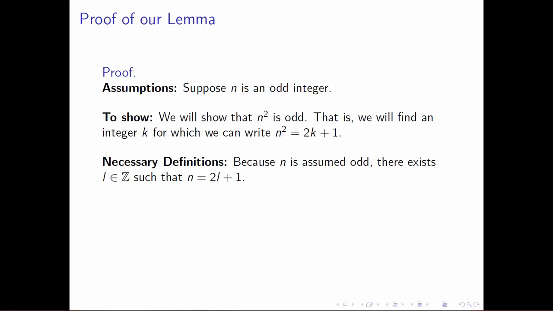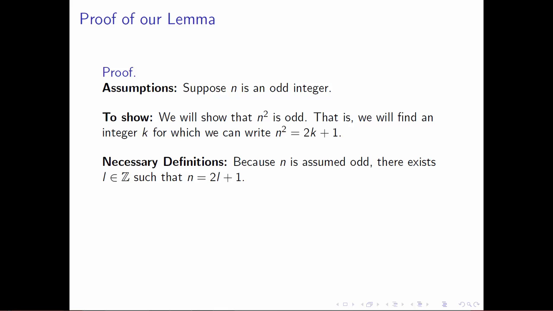Now, note that under necessary definitions, I said n is assumed to be odd. That's our assumption. I wrote there exists l in the integers such that n is 2 times l plus 1. Sometimes this confuses people. In the definition of an odd integer, I use the variable k to represent my integer.